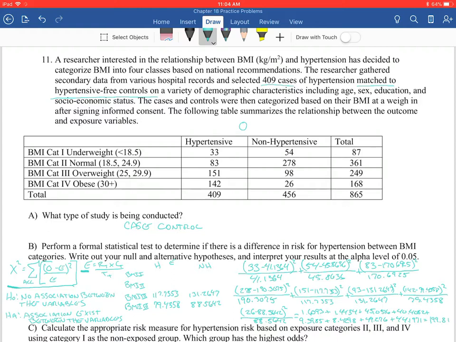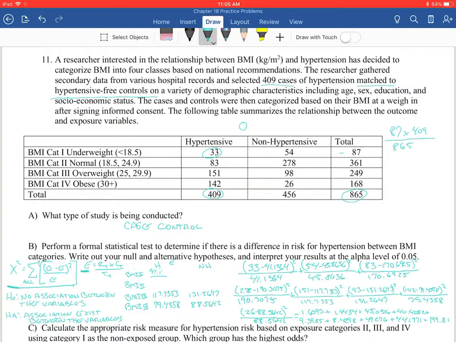I've already filled in the bottom half, so we're going to do the top half as a reminder. With our 2x2 table, to find the expected value for BMI 1 under hypertension, take your row total of 87 times your column total, which is 409, and divide by the table total of 865.